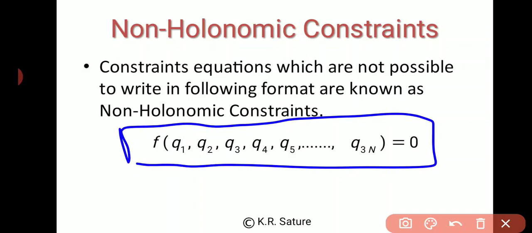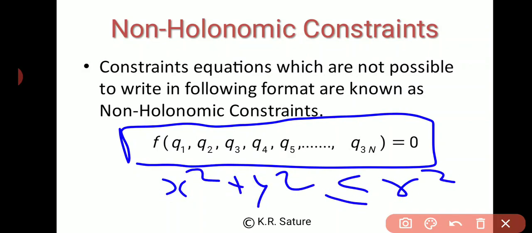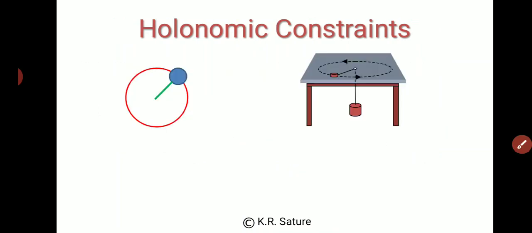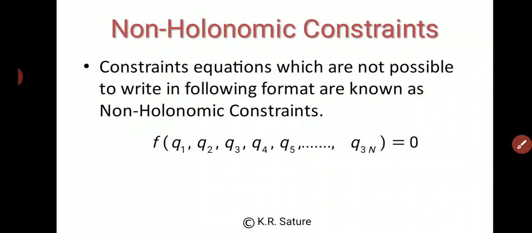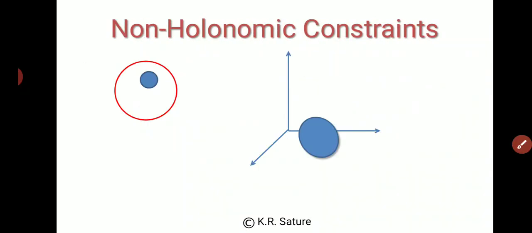Here we have an equal to sign and here we have a less than or equal to sign, so we cannot write this equation in this manner, and that's why a particle moving inside the circle or on the circumference of the circle is an example of a non-holonomic constraint.